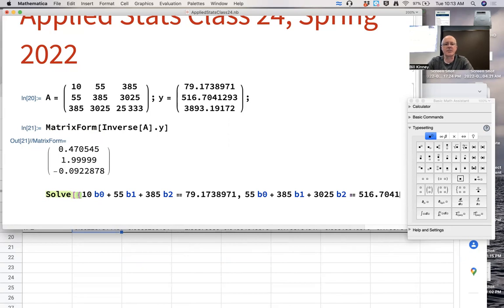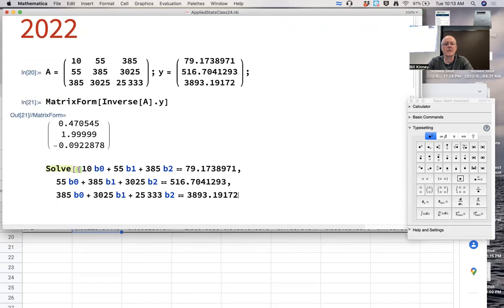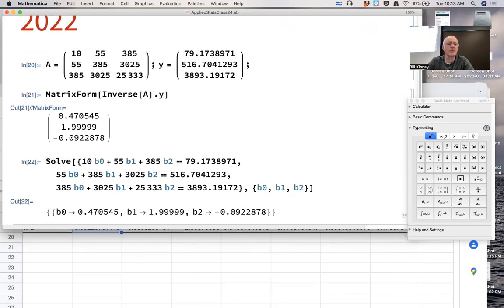But the matrix approach will be helpful for us, and it's in the reading. There we go, same answer.